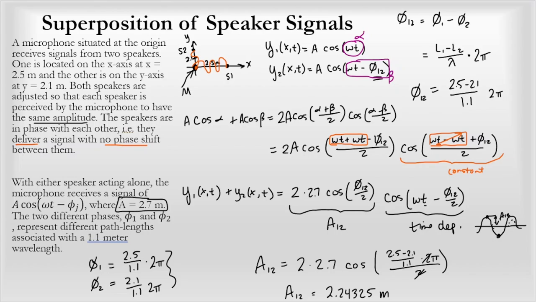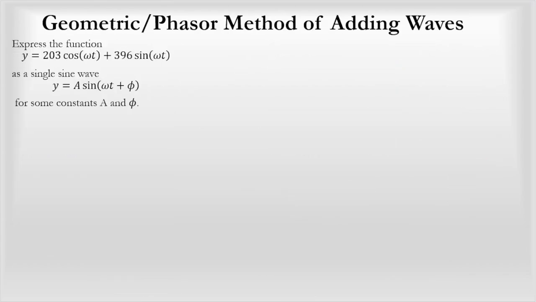I picked out another problem here. This doesn't fall within the assumptions we were looking at with the same amplitude, but I can see there's the same frequency with this one. What I wanted to show you was the geometric or phasor method of adding waves. It's good to lay the foundation here, as you move towards circuits and maybe RLC circuits where you have a phasor diagram.